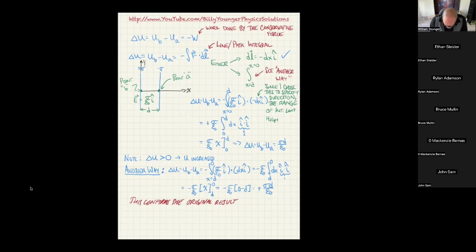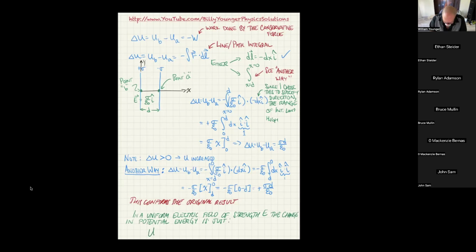In a uniform electric field of strength E, the change in potential energy is just... now. What we're going to do is I'm writing exactly what the book has.